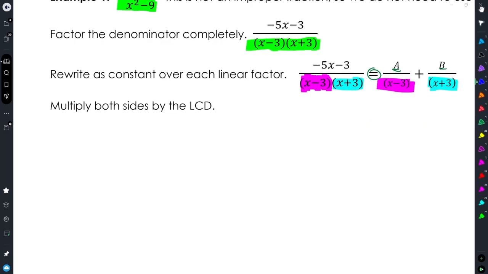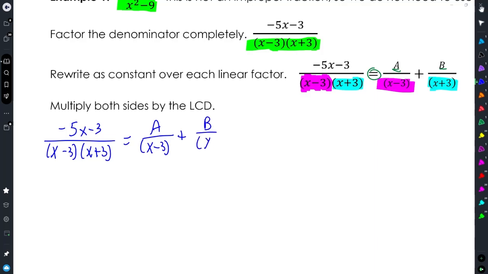Okay, so I'm just going to write that down here. Negative 5x minus 3 over x minus 3 times x plus 3 equals some constant over x minus 3 plus some constant over x plus 3. Because again, to add these two fractions on the right here, we would need a common denominator.